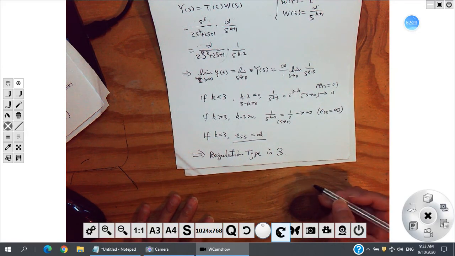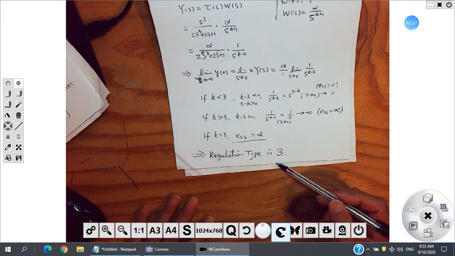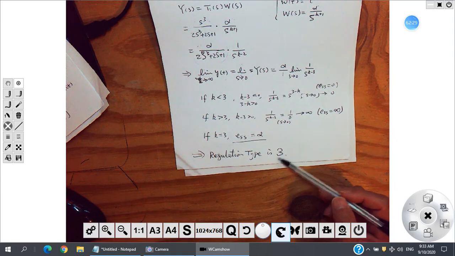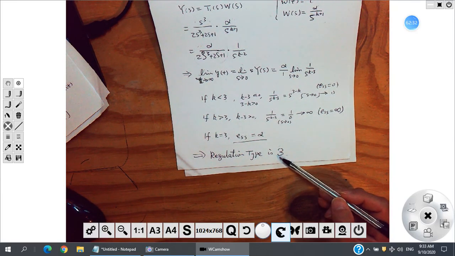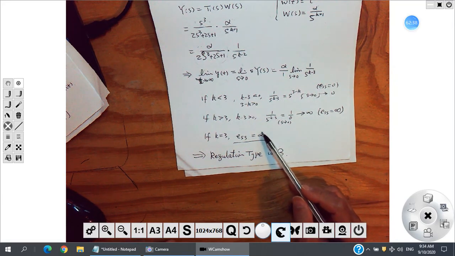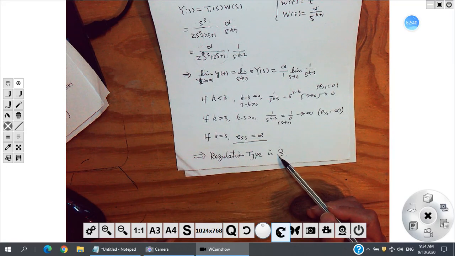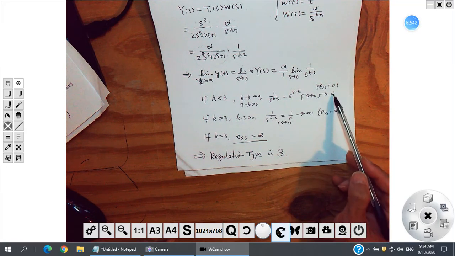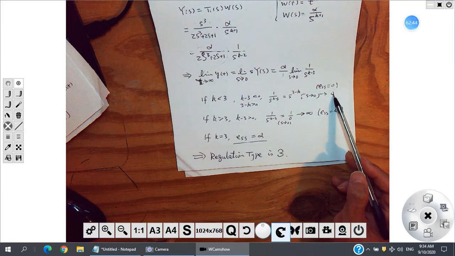So if the noise is a polynomial kind of noise, with the polynomial's order no more than 3, that is 0 or 1, and not equal to 3. Equal to 3, you will have some kind of error here. If it is smaller than 3, then the noise will be cancelled finally.